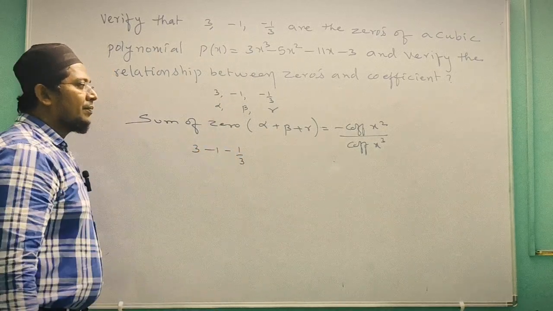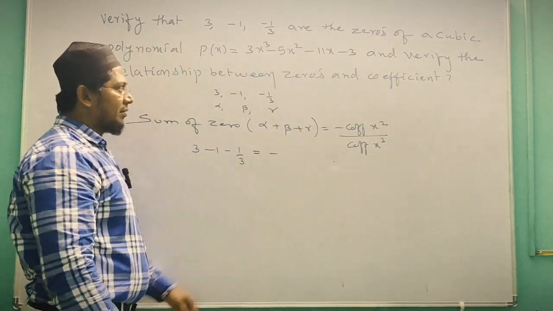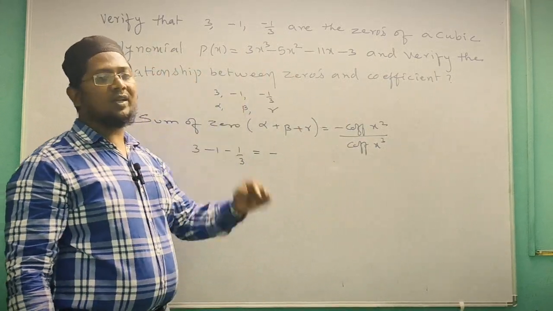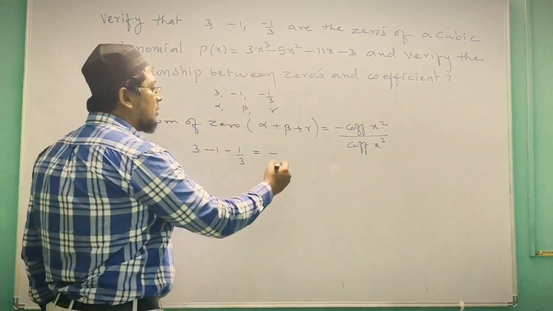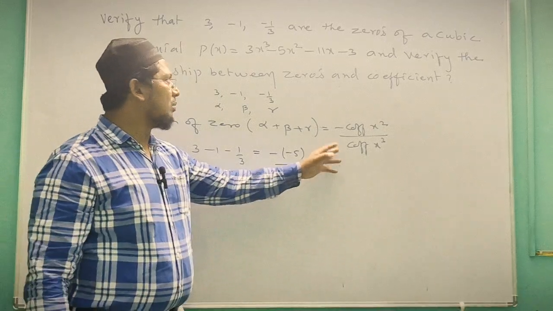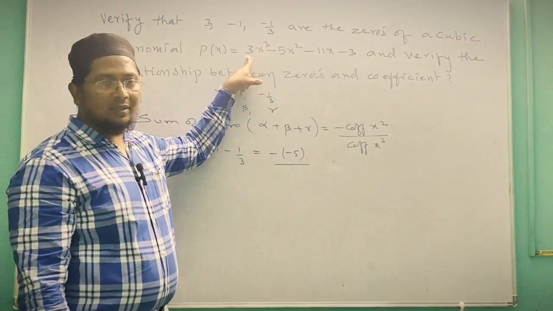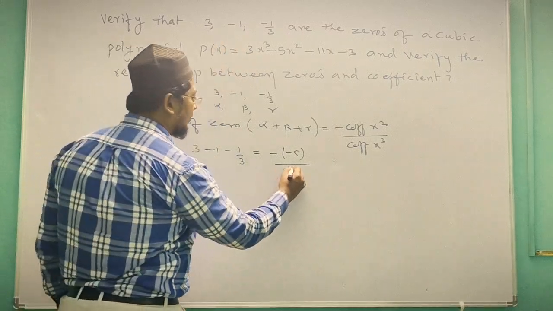Minus 1 by 3. Is equal to minus coefficient of x square. We have to see the equation. What is the x square coefficient? Very good, minus 5. So minus of minus 5 upon coefficient of x cube. What is the x cube coefficient, sir? Yes, clearly here 3 is the x cube coefficient.